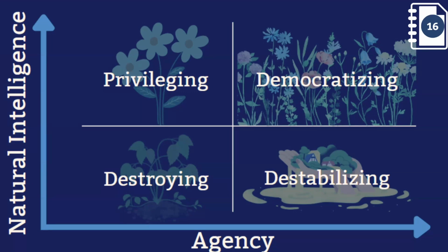For instance, there are many examples I'm seeing right now of people using AI in ways that actually undermine or deplete the development of natural intelligence, and they really don't improve agency for anyone either.